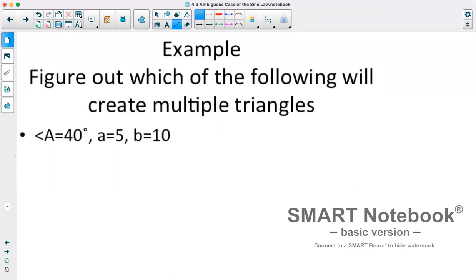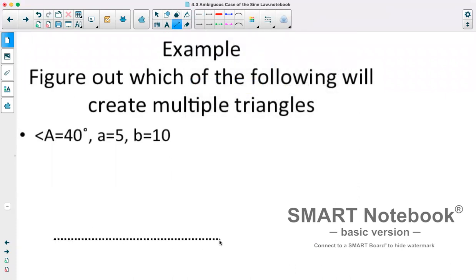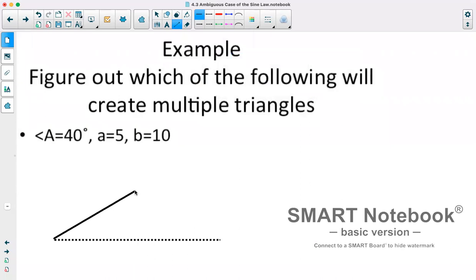In this first one, they give us an angle of 40 degrees. I'm just going to draw out our unknown side. We're measuring our side length off of that, and our angle. So we have angle A here, which is 40 degrees.